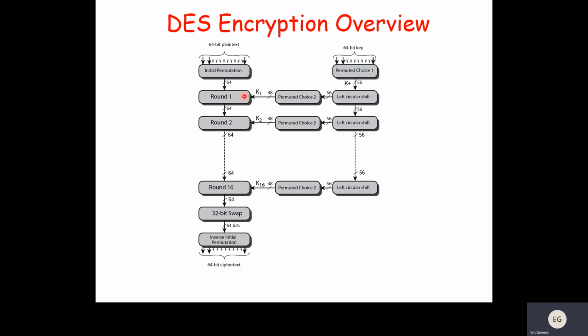Each round will have 2 inputs: the output of the previous round, and a sub key. In round 1, we will use sub key 1. In round 2, we will use sub key 2. In round 16, we will use sub key 16. So 2 inputs, one is 64 bits, the other one is 48 bits, and 1 output, which is 64 bits.